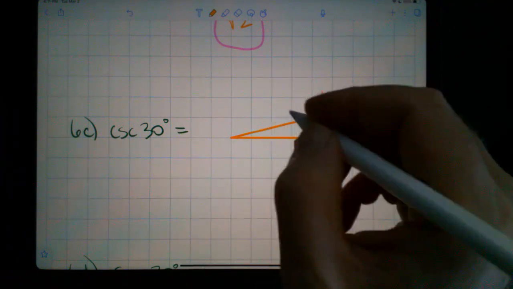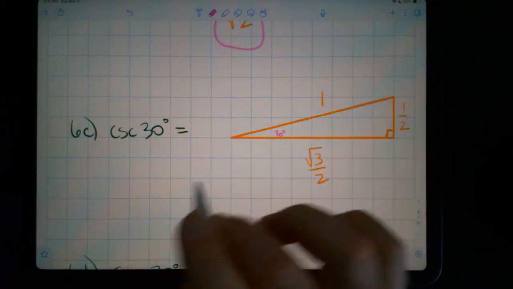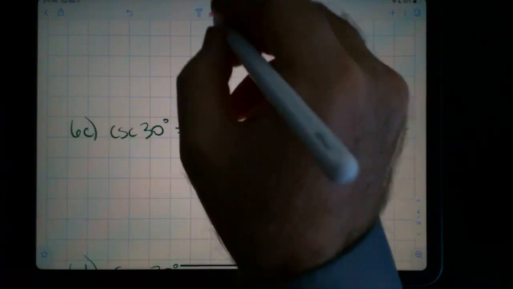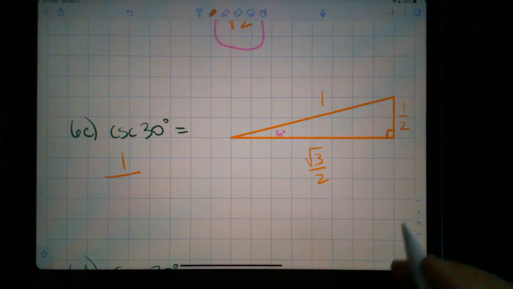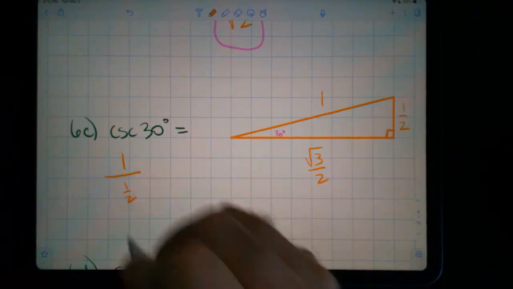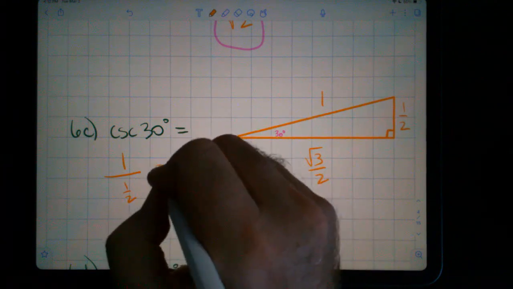So the cosecant of 30 degrees, cosecant is going to be the hypotenuse divided by the opposite. Okay, and this is equal to 2.